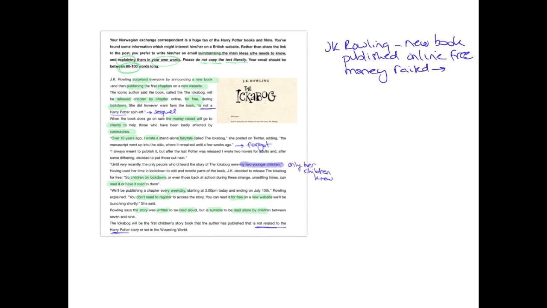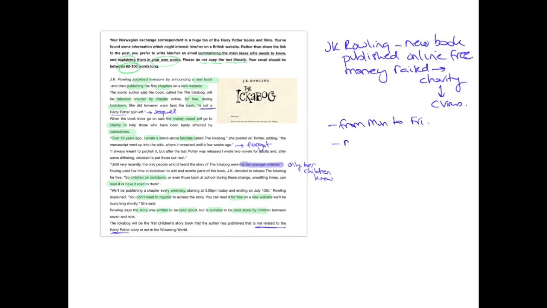The money raised goes to charity, to help those affected by coronavirus. It says that chapters will be published every weekday. That means from Monday to Friday. Okay?